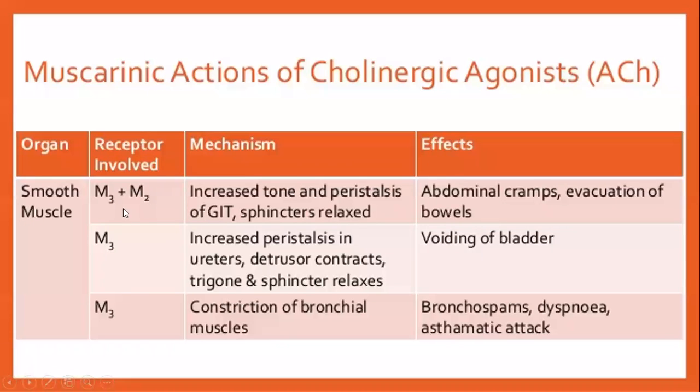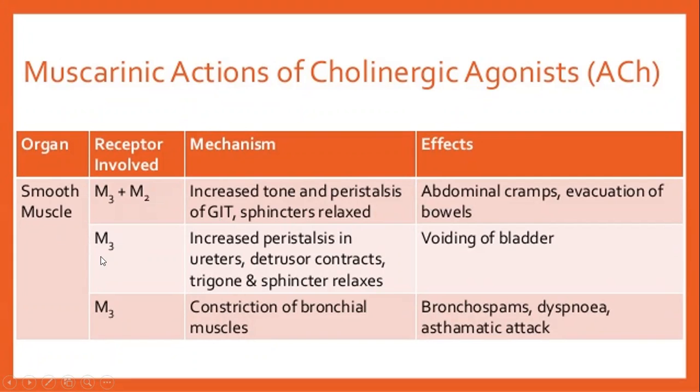So here in the GIT region, both M3 and M2 are present. Peristalsis and the gastrointestinal tone increase via M3 receptors, and the internal anal sphincter will be relaxed through M2 receptors. Then the effects are abdominal cramps and evacuation of the bowels.